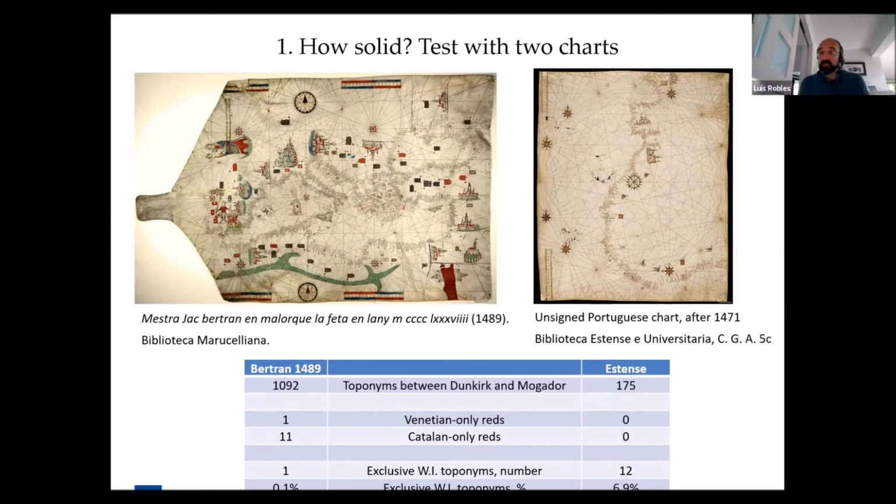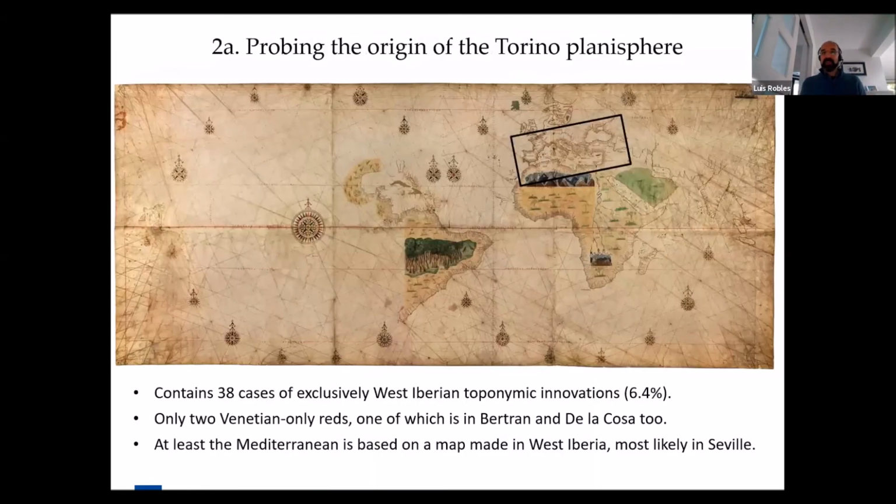But the Estense has 12, and 12 means almost 7% of all its toponyms have never been found in any chart made elsewhere than Portugal and Seville, for that matter, or Andalusia. So that's a strong indication that the Estense chart is a West Iberian chart, as we know it is. But to me, this test was something that lends weight to my method and to my results.